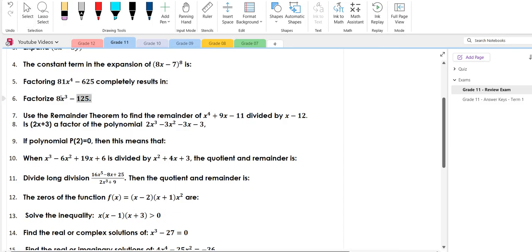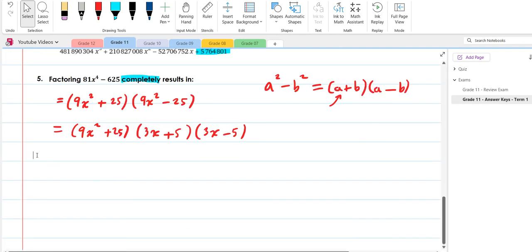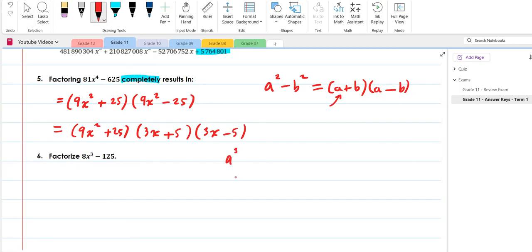We want to factorize 8x cubed minus 125. What's the rule? The rule is if we have a cubed minus b cubed, we say this is a minus b.